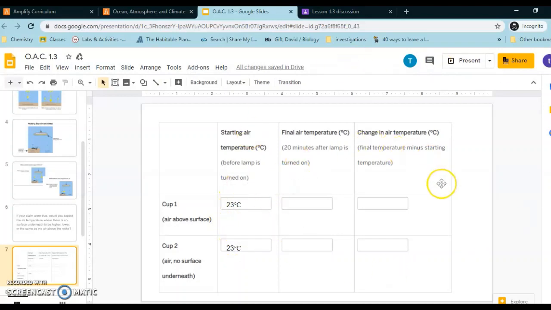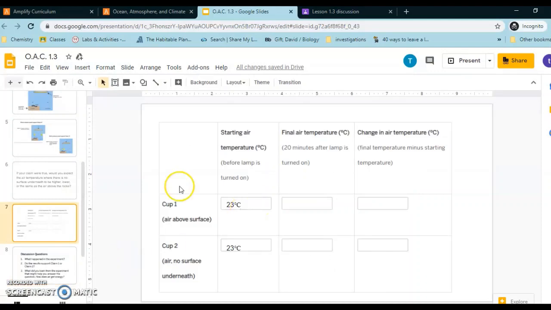So as you watch this video, I want you to fill in your final air temperature and your change in air temperature. So you're going to fill in those 2 boxes on Amplify. Okay, so tune into the video.